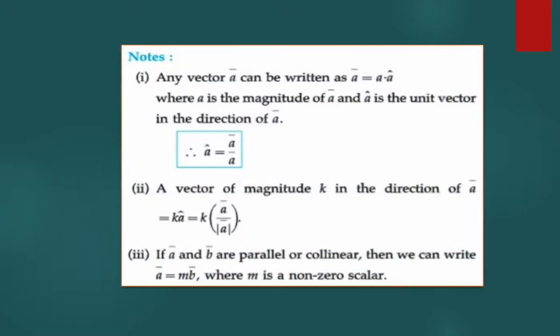Now see some results, that is the definition of the unit vector actually. So we rearrange that. Any vector a bar can be written as a bar equals magnitude of a into a cap, where a is the magnitude of a bar and a cap is the unit vector in the direction of a bar.